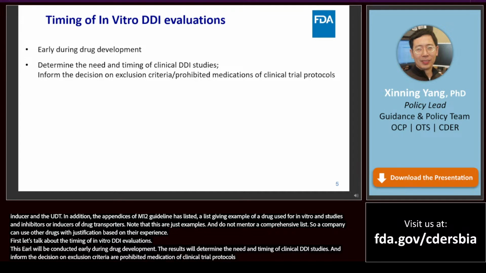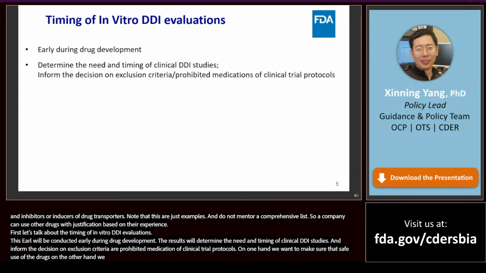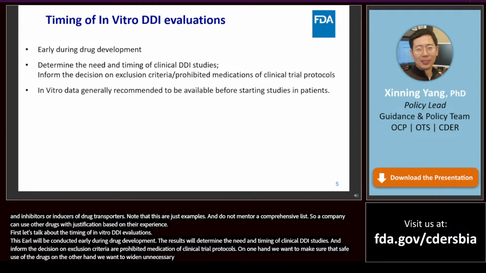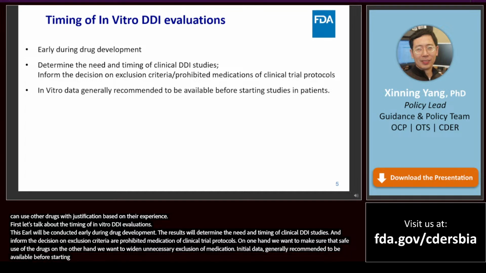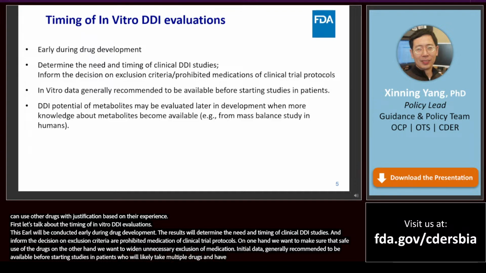On one hand, we want to make sure of the safe use of drugs. On the other hand, we want to avoid unnecessary exclusion of medication. In vitro data are generally recommended to be available before starting studies in patients who likely take multiple drugs together and have the potential for drug-drug interaction.